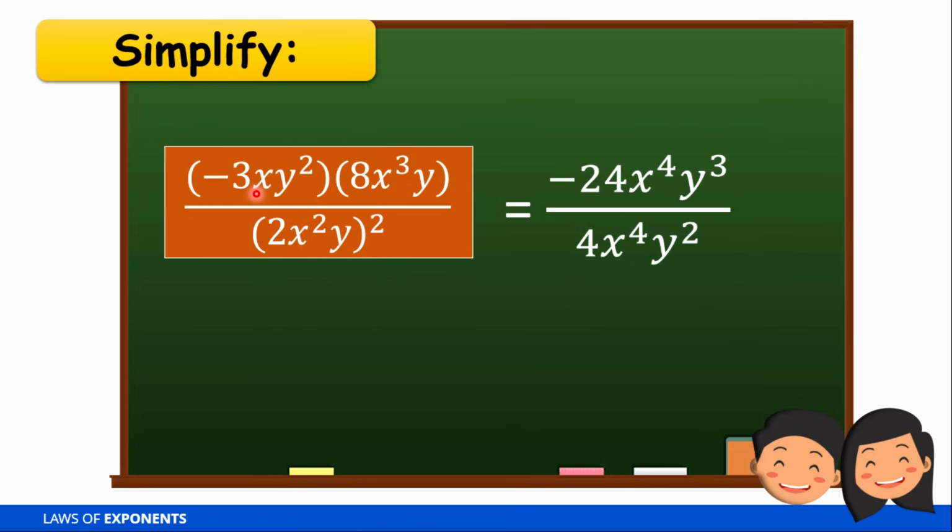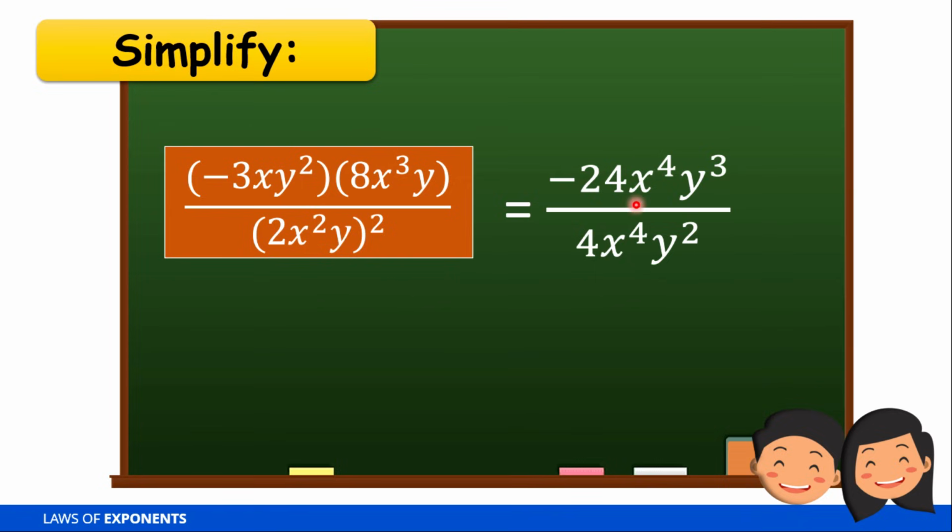So, dito, we have x. Automatic, ang ating exponent dito ay 1. Tapos, we have x to the 3rd power or x cubed. Since pareho sila ng base, i-add natin ang kanilang mga exponent. So, itong x may exponent na 1, plus yung exponent ng isa pang x na 3, that is equal to 4.